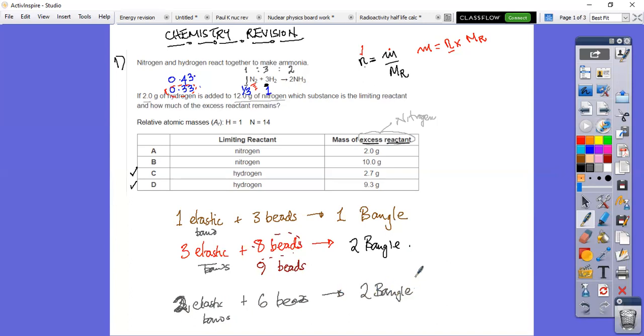Now the question is, how many beads will be left over if I had 8 beads to start off with? Well, the number of beads that are going to be left over is 8 minus 6. That's exactly what this question is drawing at. So if we just break it down, almost using a similar line of thought.